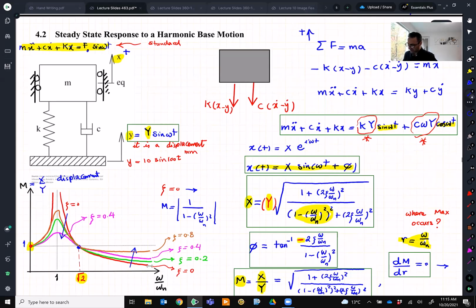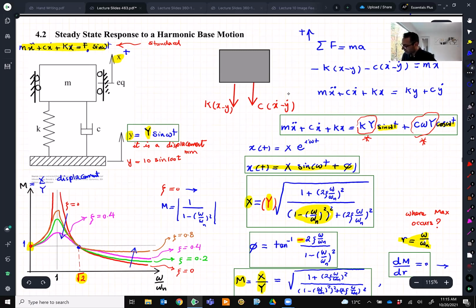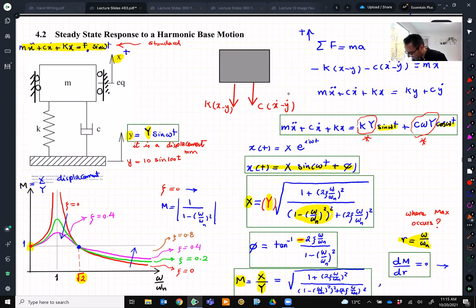Okay, I need to correct, you're right. I need to correct this brown one. Let me redraw it. You guys are right. Some of you are killing yourself to tell me that I made a mistake, and that's correct. Yes, that's the brown one.